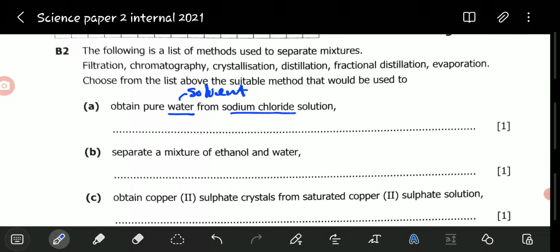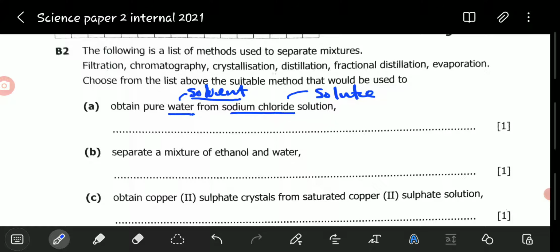The sodium chloride, on the other hand, which is the solute, is not so important. So what we need is the water and not the solute. So here we make sure that we extract all the water, not minding about the sodium chloride.